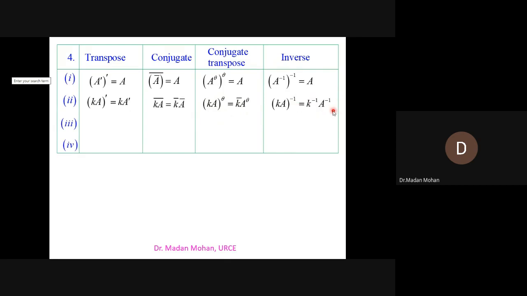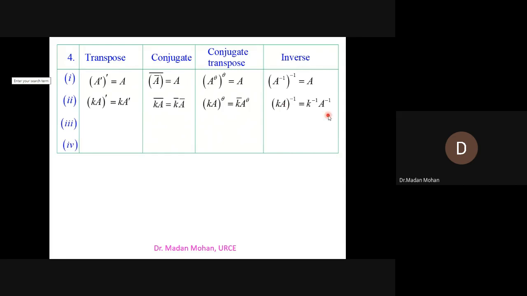You may get a doubt. Sir, AB whole inverse is B inverse A inverse, we know it, but you have written it wrong. Here K is a number, please, not a matrix. Its meaning: I have a matrix A given. I calculate its inverse. Suppose for example, A contains 1, 2, 3, 4. I calculate its inverse. Now I need the inverse of not 1, 2, 3, 4, but 100, 200, 300, 400.